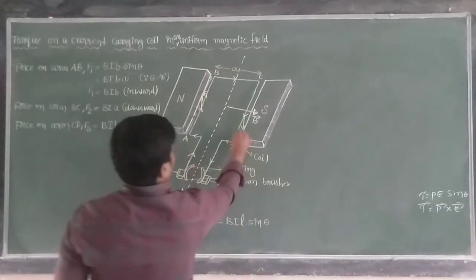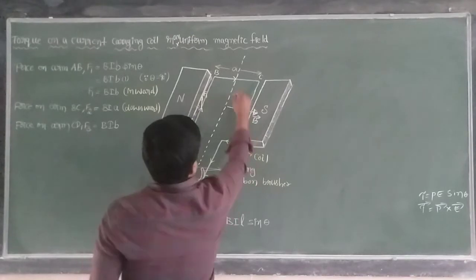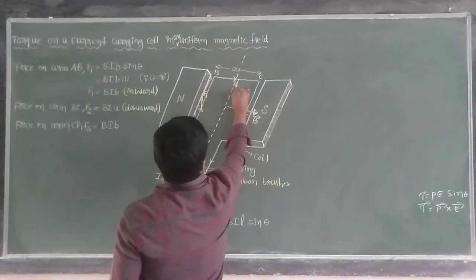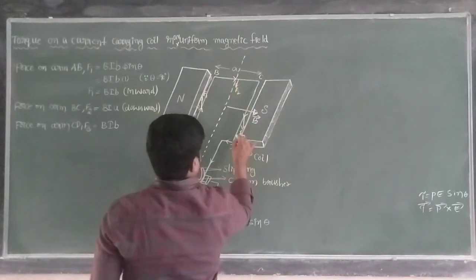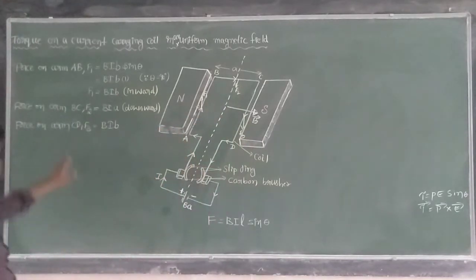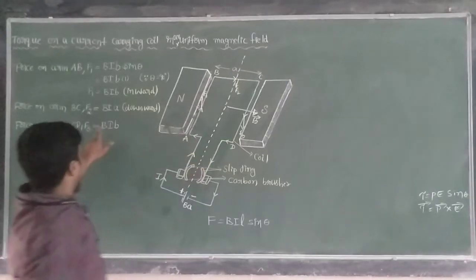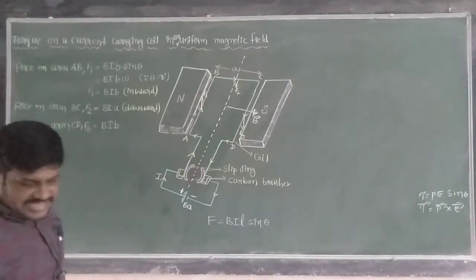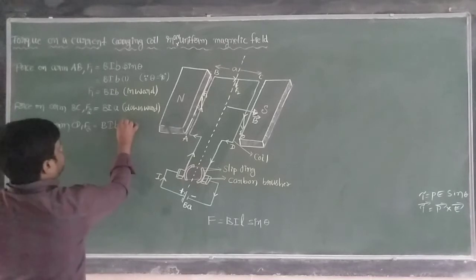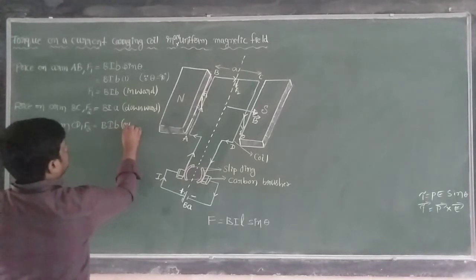Next, the force F2 is acting in the downward direction. F3 is outward. So this is the force on CD. The force on arm CD is F3. Whatever force is acting on this one is F3, and F3 is acting outward from the board.